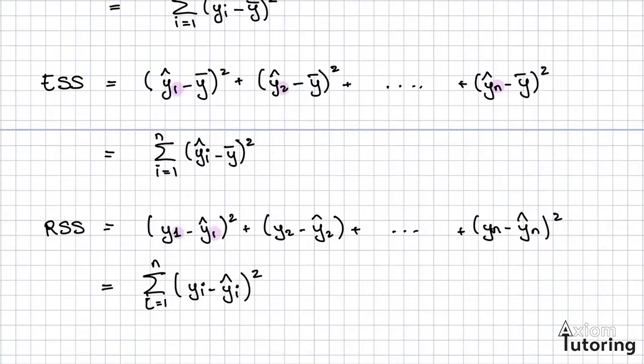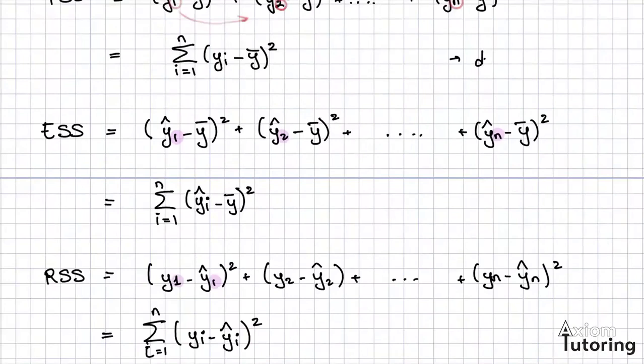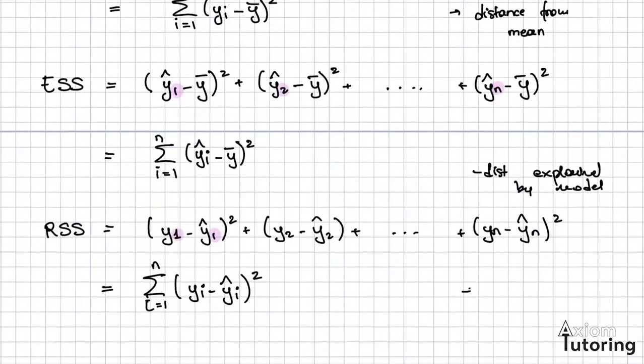For each observation, you can now think that there is a distance from the mean, which is made of all of these three elements here: the distance from the mean, the distance explained by the model, and then this one left unexplained.